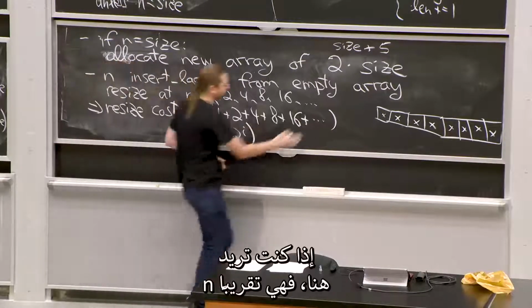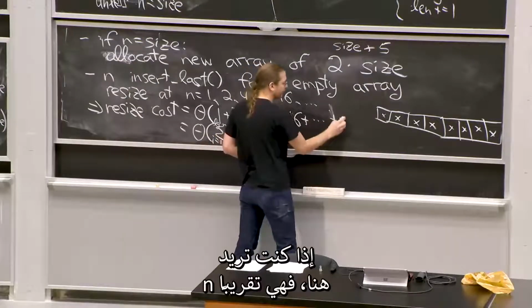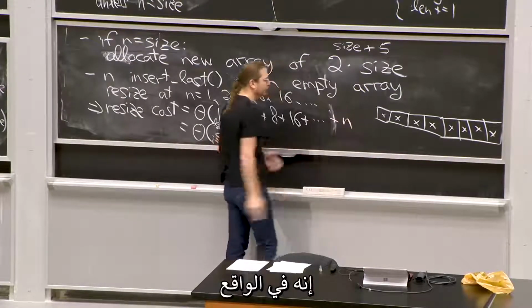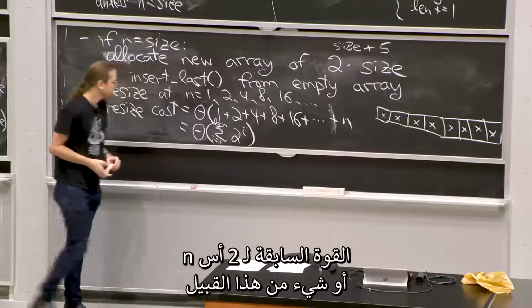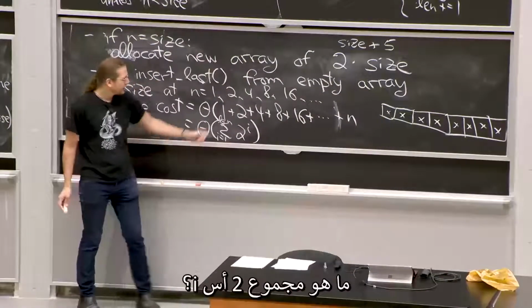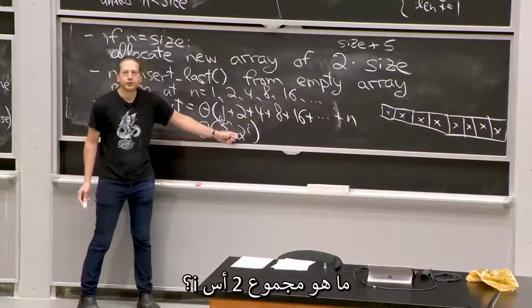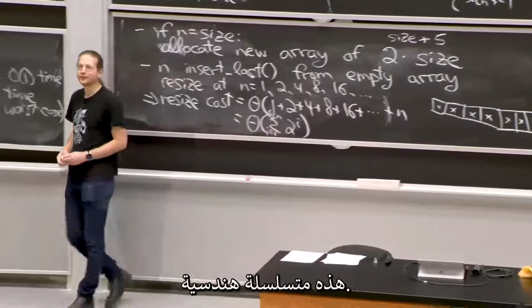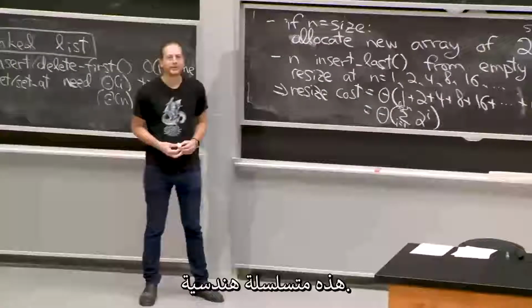If you want a terminus here, it's roughly n. It's actually the previous power of 2 of n or something. But that won't matter. That'll just affect things by a constant factor. What is the sum of 2 to the i? This is a geometric series. Anyone know the answer?